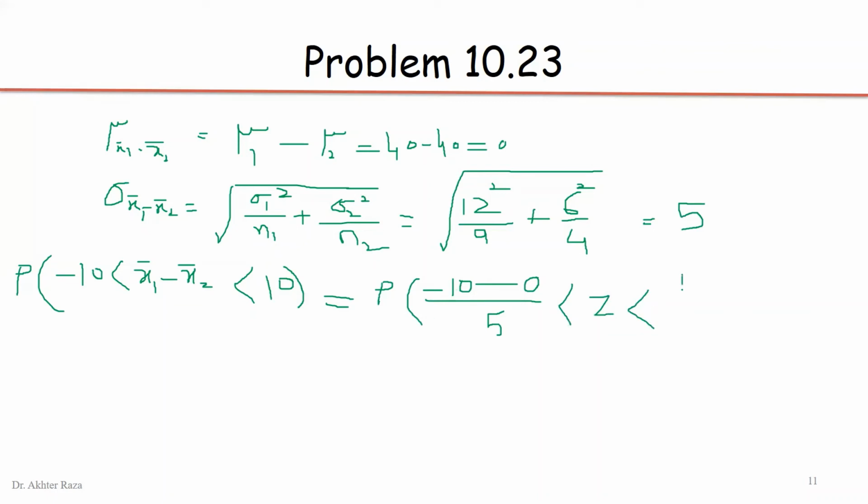So this will be equal to +10 minus 0 divided by 5. So -10 upon 5 and +10 upon 5. This is equal to the probability of Z between -2 and +2.